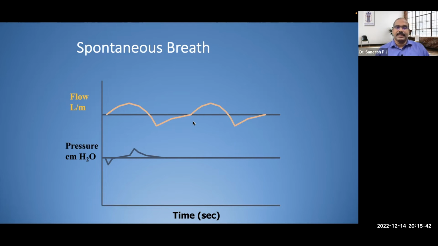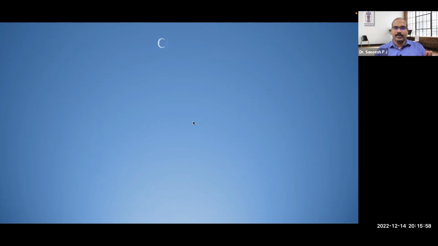Pressure, as I mentioned, inspiration is a negative pressure deflection. Exhalation is slightly towards the positive side. The volume curve has no negative side. It goes up and comes back. Clear? Keeping this in mind, we'll go to CPAP.